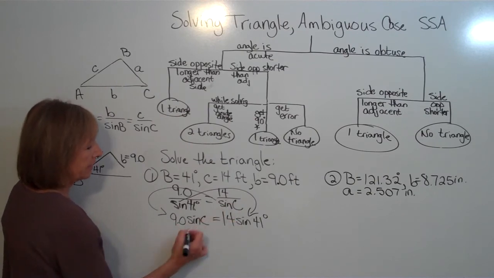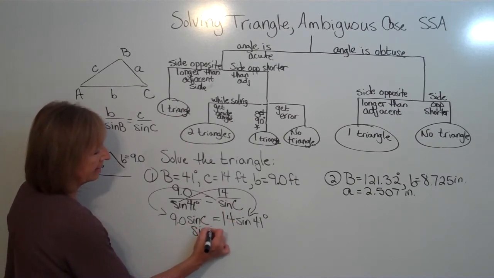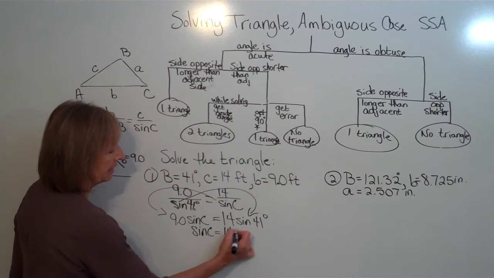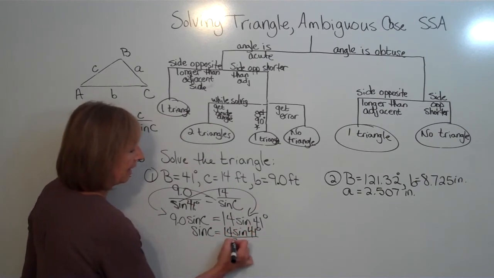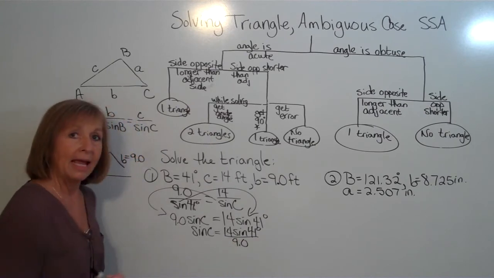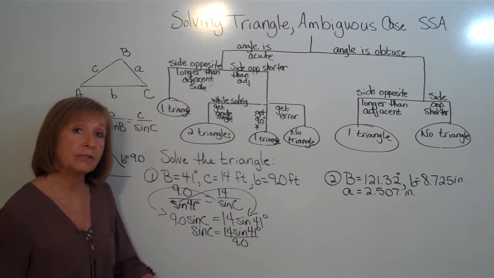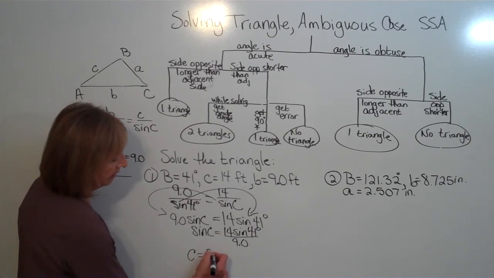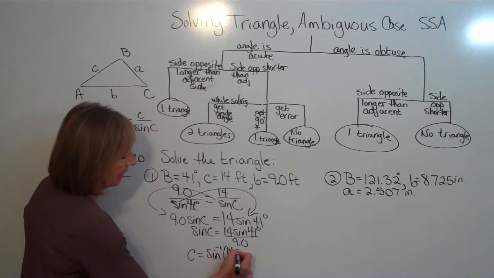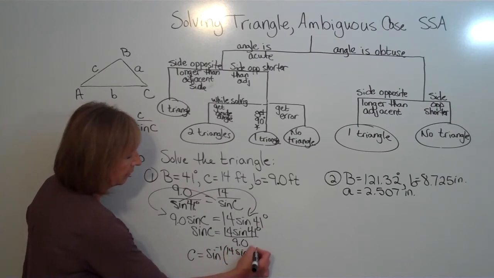And then divide both sides by 9. I have the sine C is equal to 14 times the sine of 41 degrees divided by 9.0. And then to find angle C, I'm going to do the inverse sine of both sides. So we have C is equal to the inverse sine of 14 times the sine of 41 degrees divided by 9.0.